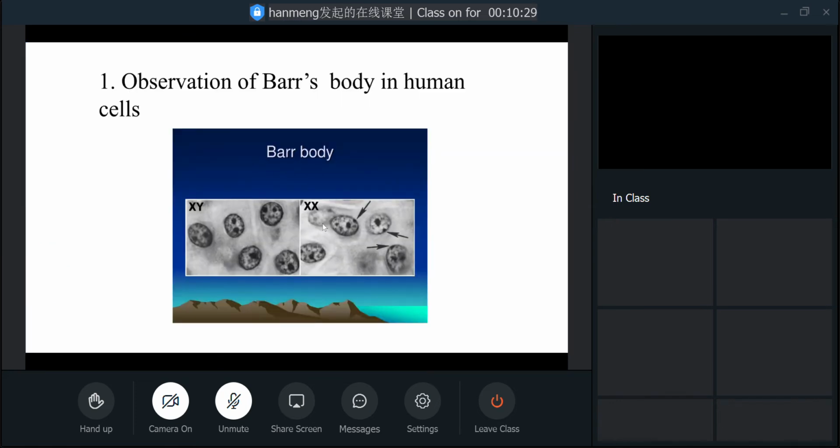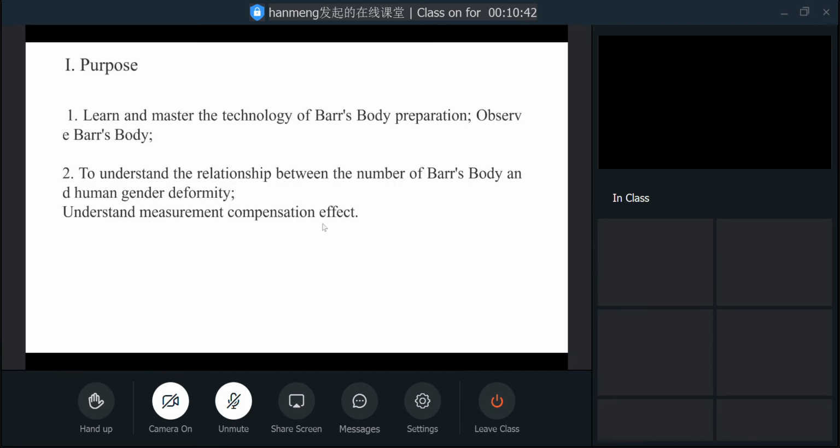So our first experiment is the observation of Barr's body in human cells. In this experiment, you should learn and master the technology of Barr body preparation from human oral cells. And then you should know how to observe the Barr bodies under a microscope with a Barr body specimen.